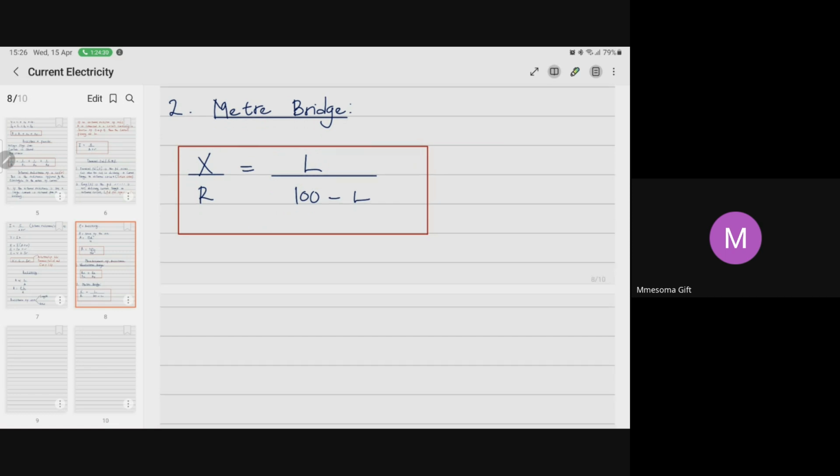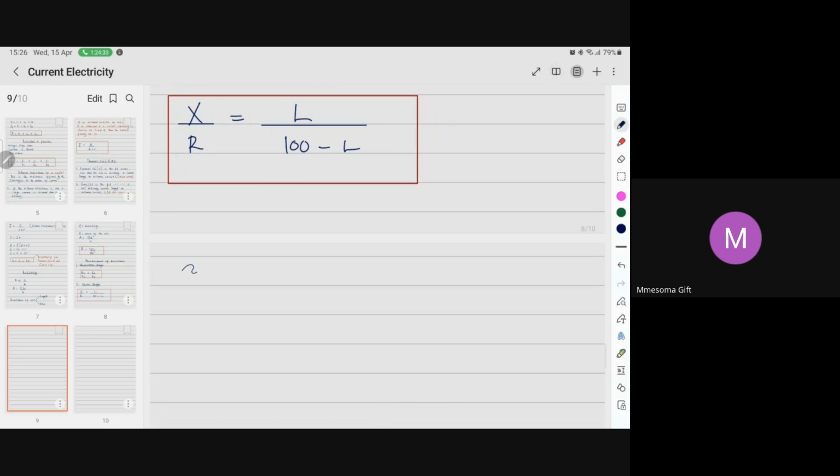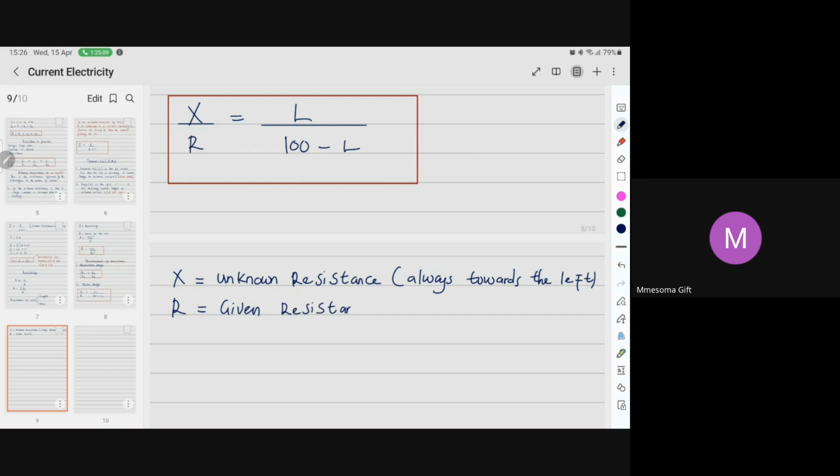So X is the unknown resistance, which is always towards the left. Then we'll have R, which is the given resistance. L is the length.